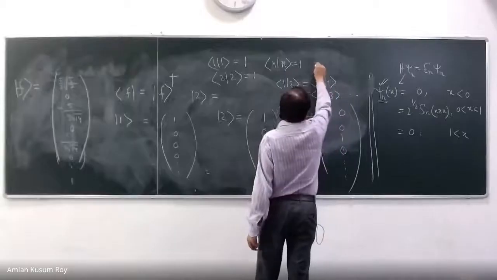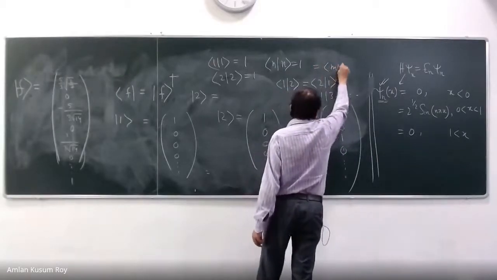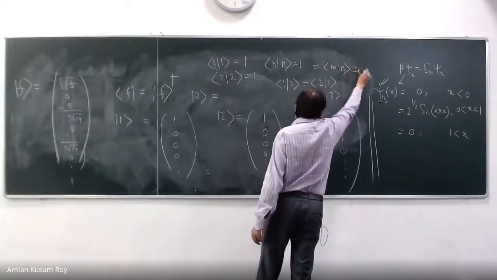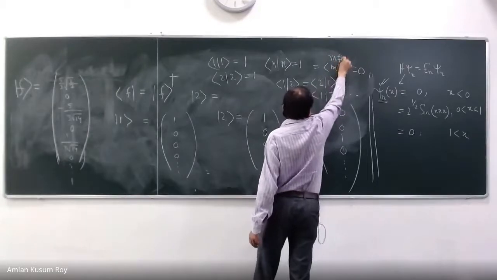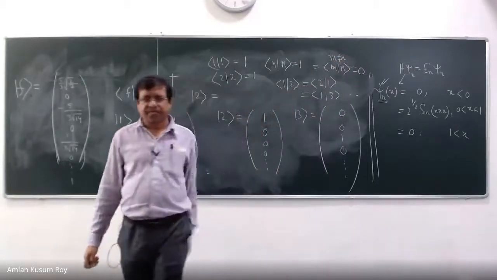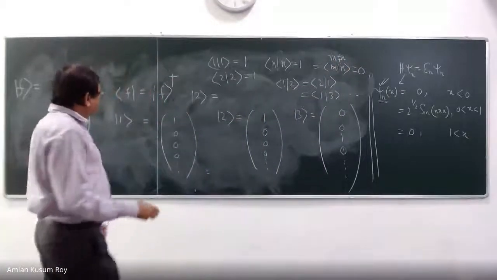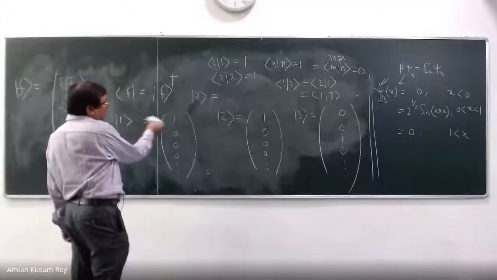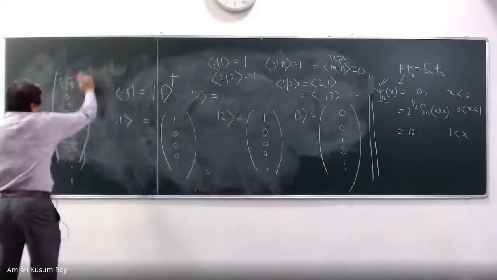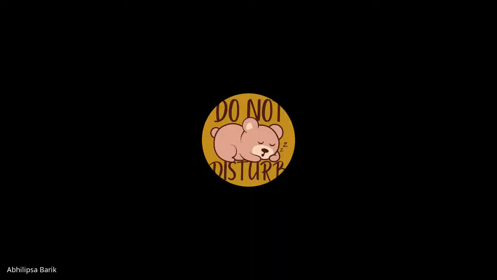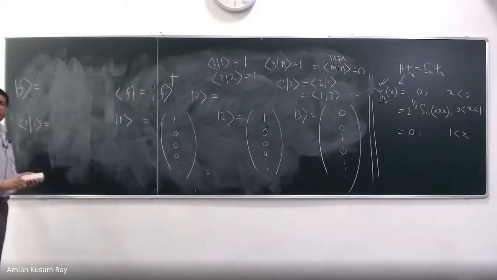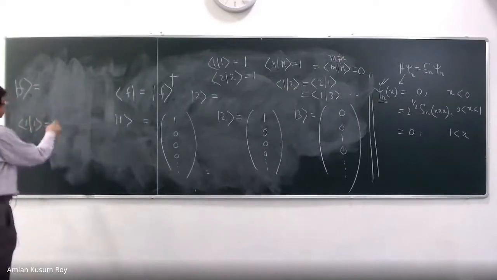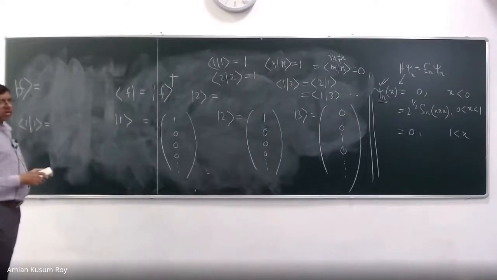Or anything. That means for m, n where m is not equal to n, it is equal to 0, right? So now you can see that if I have to take 1, 1, what is the meaning of 1, 1 in this notation? I want to write the matrix.